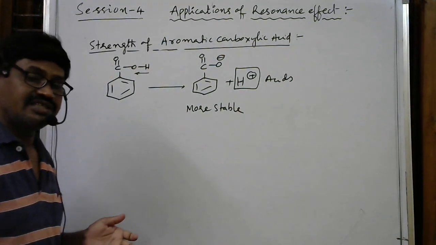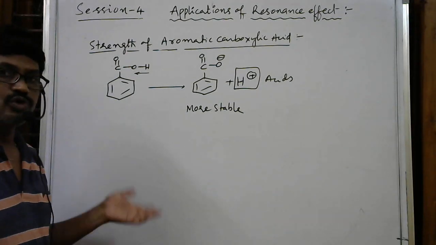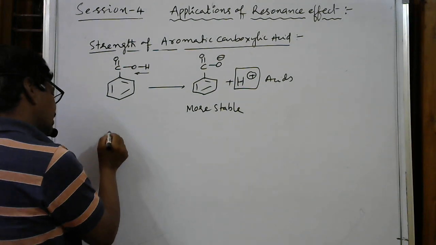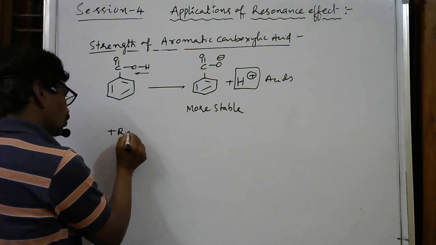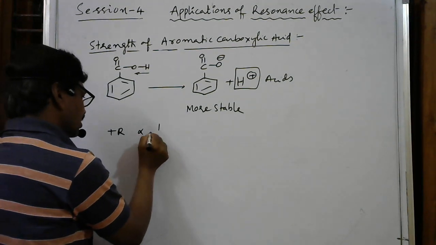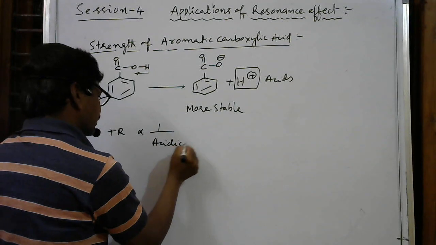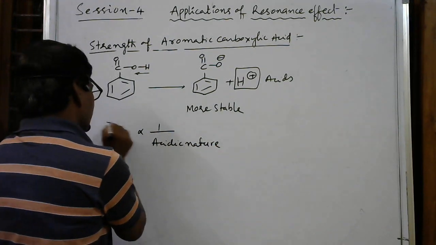The compounds which produce H plus ions are nothing but acids. But this acidic nature increases or decreases in the presence of some groups. See, for example, here I am taking plus R. Plus R nature is inversely proportional to the acidic nature of aromatic carboxylic acids.